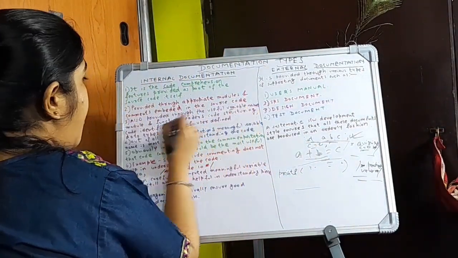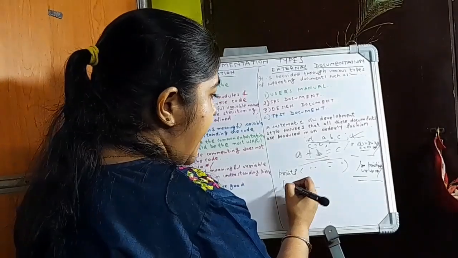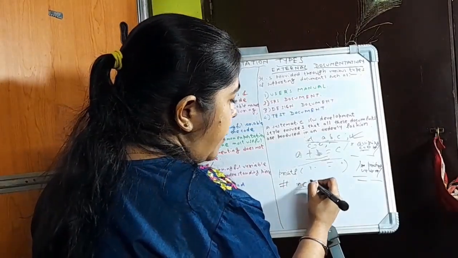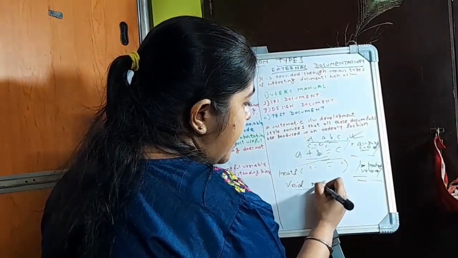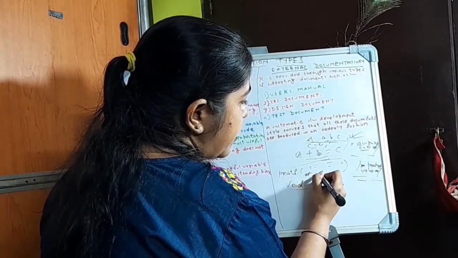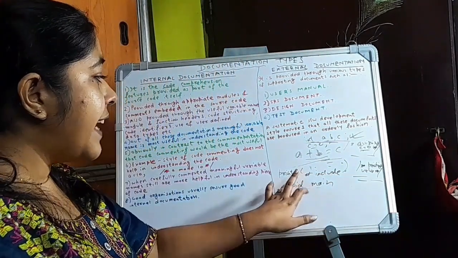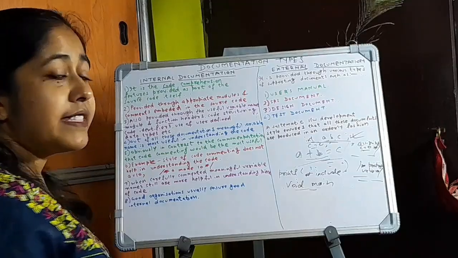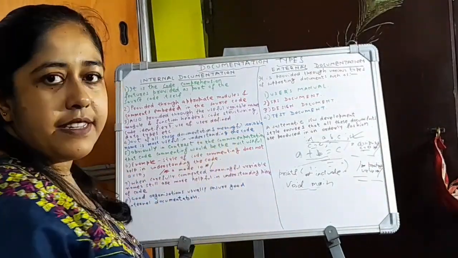Then module and function headers, the headers which we use, that is hash include. When we are making some void main, this hash include is the header file which you are using. So these kinds of headers are your comprehension features, that is your function headers, right?